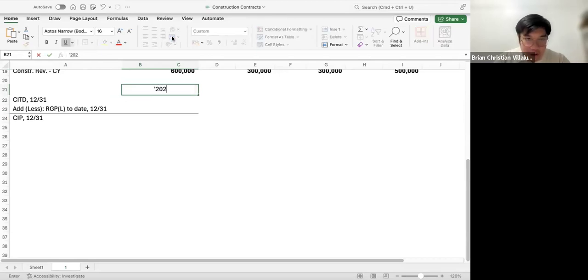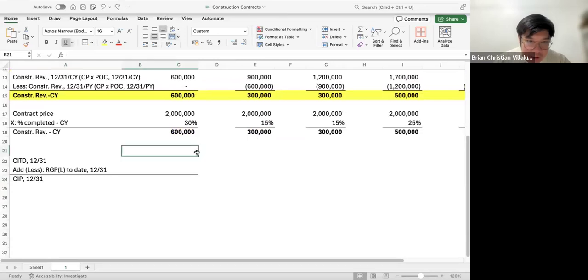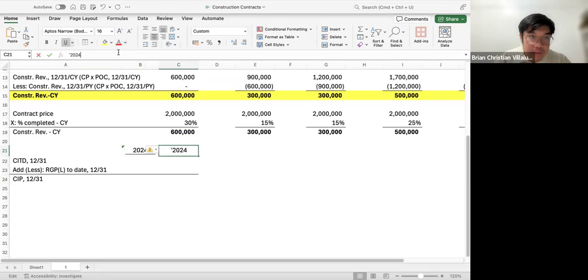Ito for 2024. Hindi, wait lang. Ayusin natin ha. So this is for 2024 until 2028.